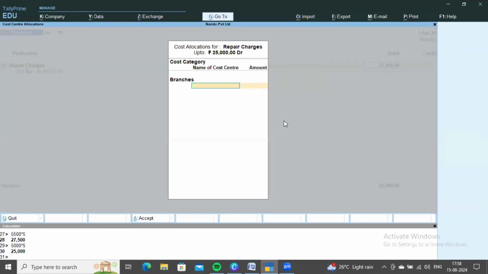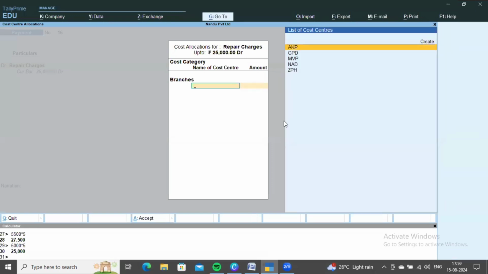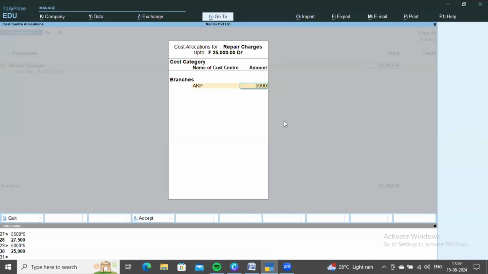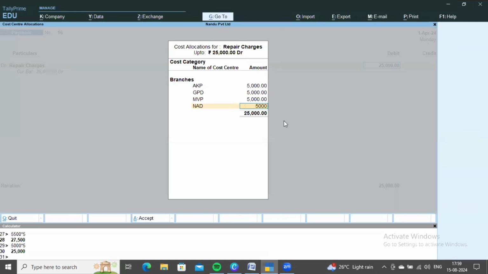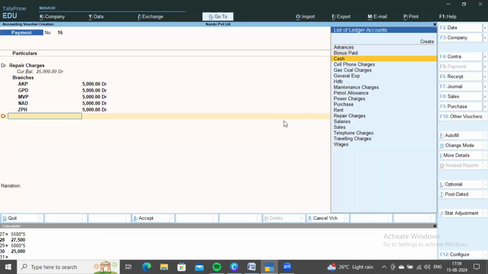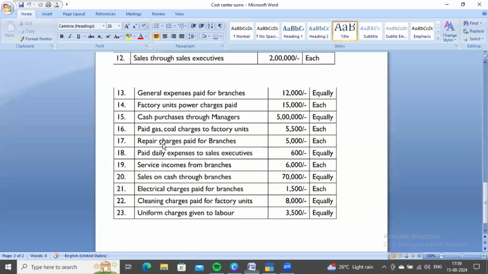You are paying through branches, right? Give 5,000 to each. And credit cash account as you are making payment through cash.